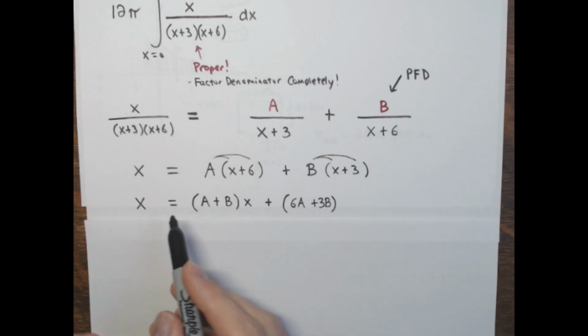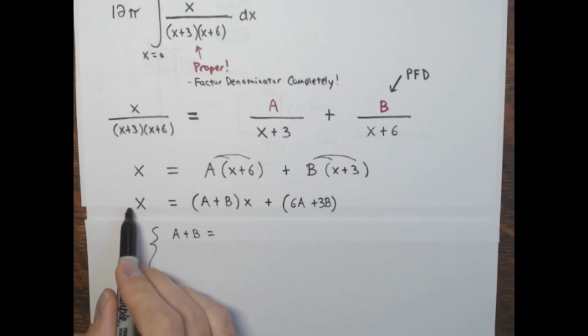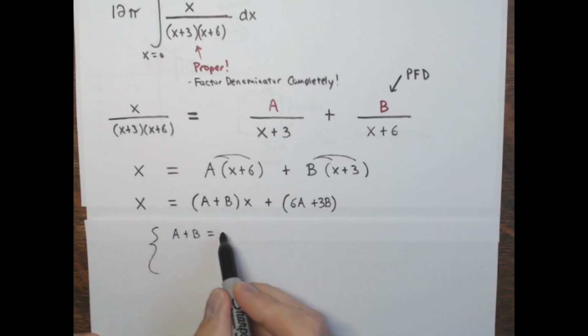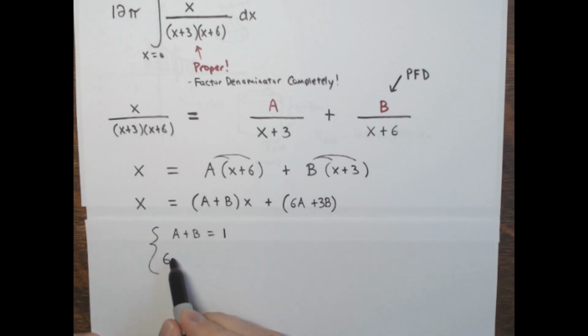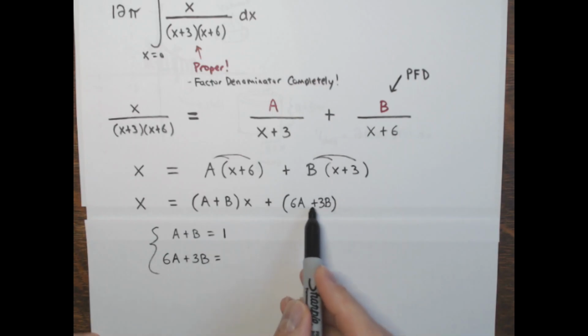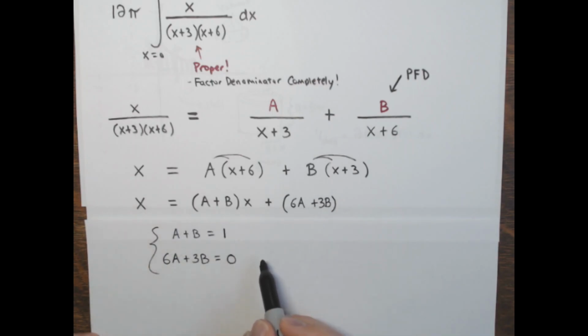So the coefficients of x need to be the same, right? A plus b needs to be 1, right? The coefficient of x on the other side is 1. And then the constant term, 6a plus 3b, that's got to be 0. There's no constant term on the other side.